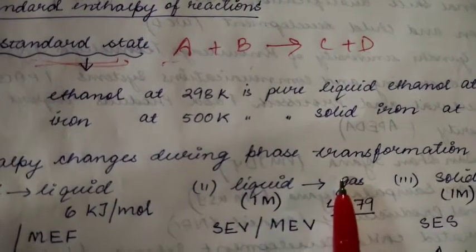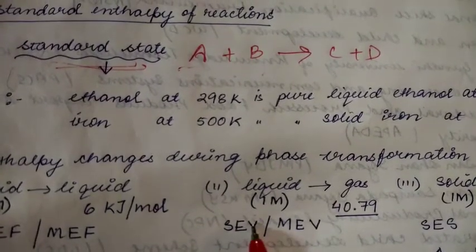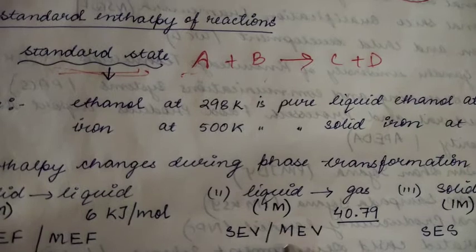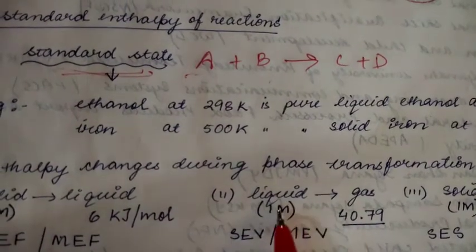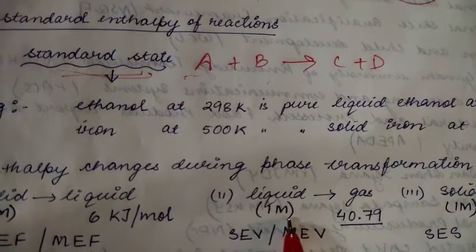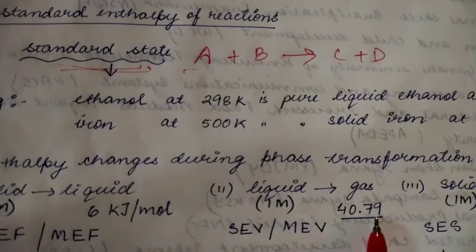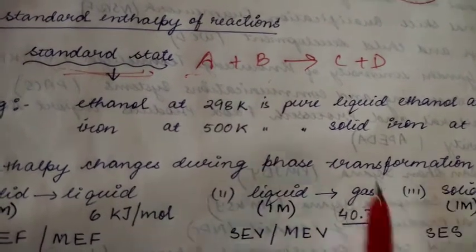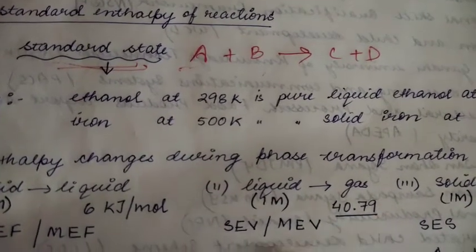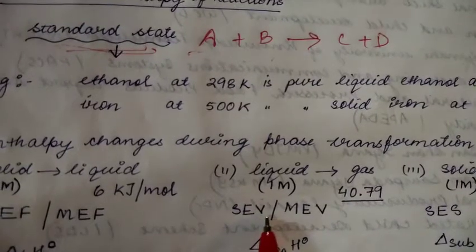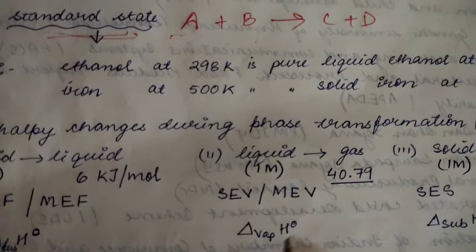So liquid to gas is vaporization, and we will say standard enthalpy of vaporization or molar enthalpy of vaporization. The same thing is repeated here. 1 mole of the liquid is taken, 1 mole of water is taken, and you have to apply 40.79 kilojoule of heat. Then 1 mole of the water will be converted to steam. So this is standard enthalpy of vaporization, and it is designated as delta VAP H naught.